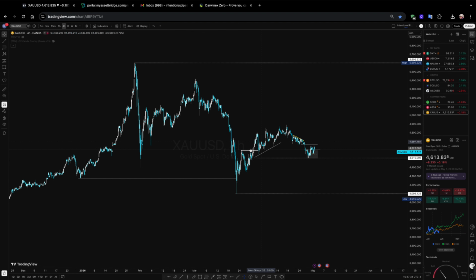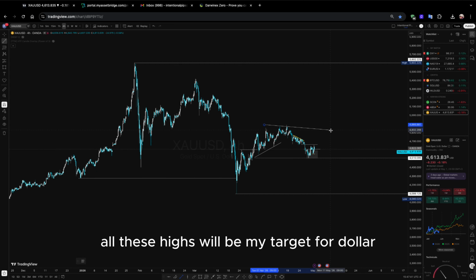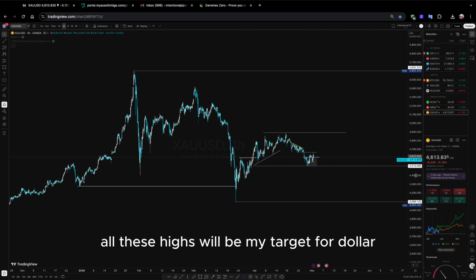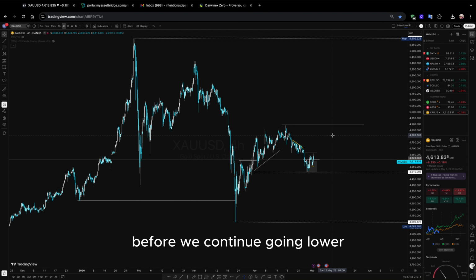So we are likely to see price coming for these highs here. All these highs will be my target for dollar before we continue going lower.